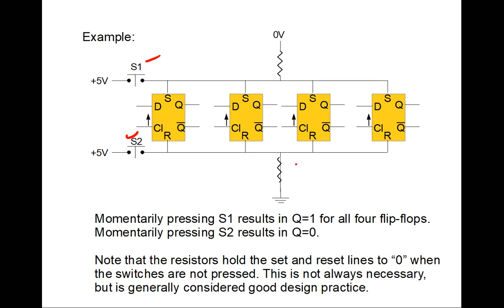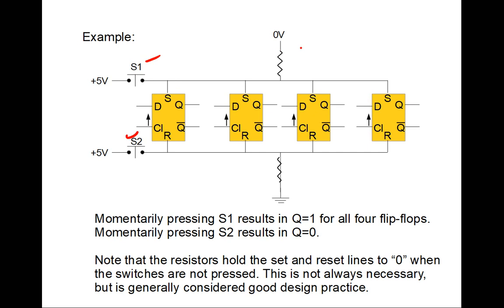Now, this idea of using a resistor to do this is a fairly widely used concept. That resistor guarantees that the sets are going to be 0 unless we have the button pressed.